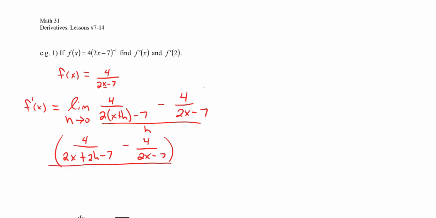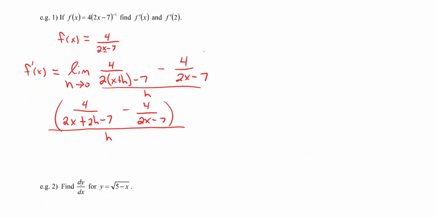And that was all over h. All right, so now we're pretty good to go. I think that's kind of everything we can do here. So now we're going to combine that top one over the same denominator, right?